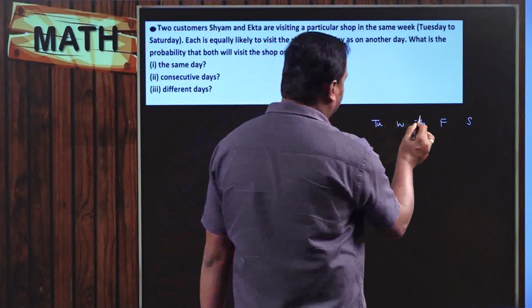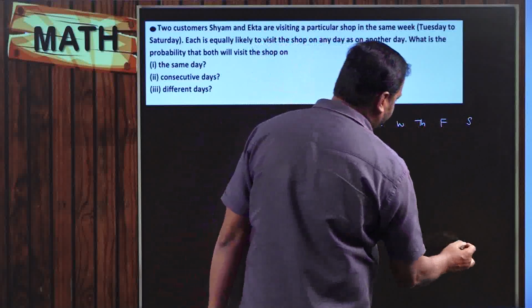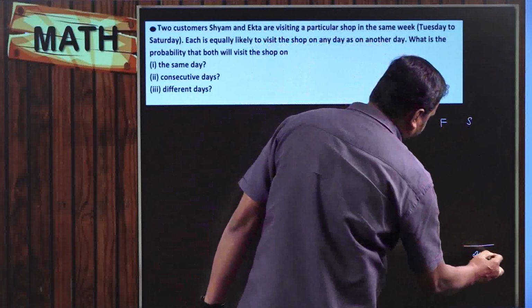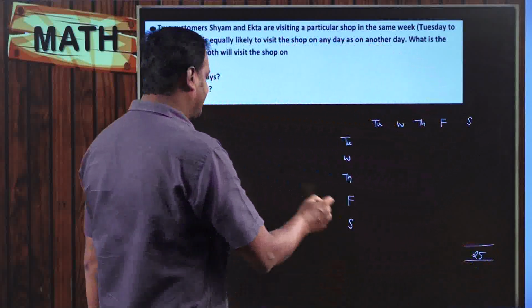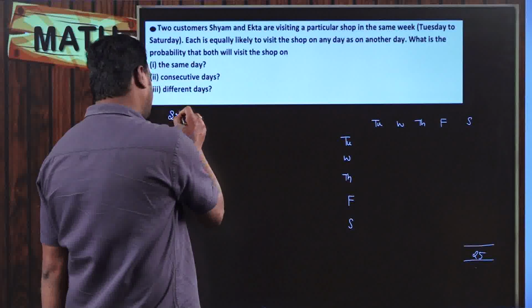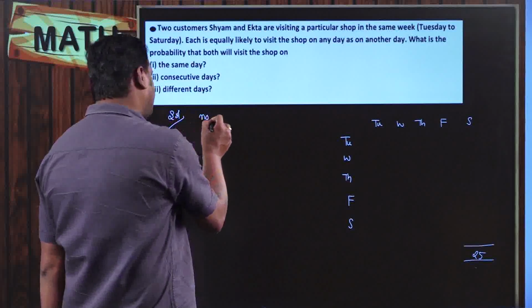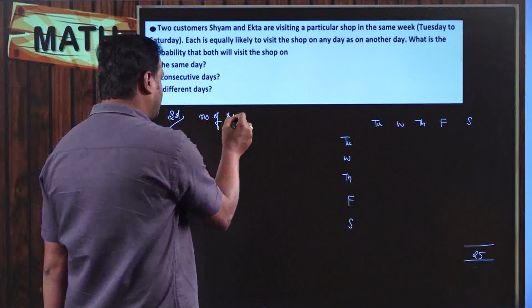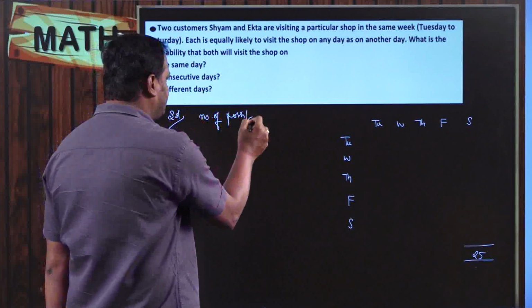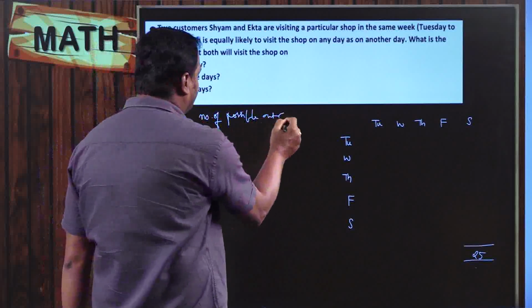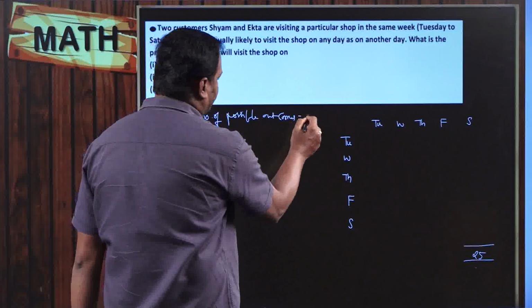See, these are 1, 2, 3, 4, 5. 5 times 5 is equal to 25, so totally 25 outcomes are there. I am going to write the number of possible outcomes. Number of possible outcomes is equal to 25.